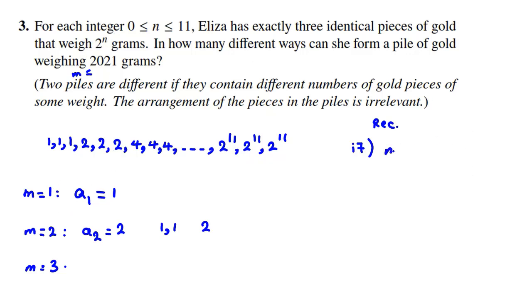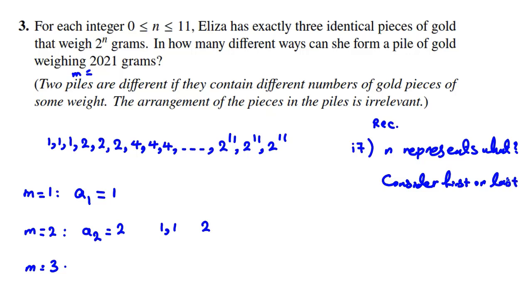You say n represents what? For example, here n is the number of different identical weights, something like this, or M. And then consider the first or last of that. At first you think it is an obvious question, but it is so much helpful.